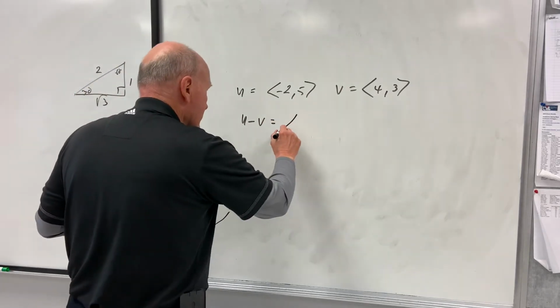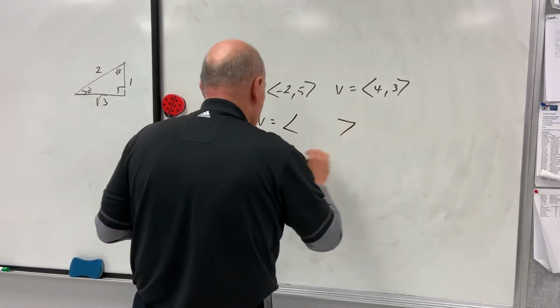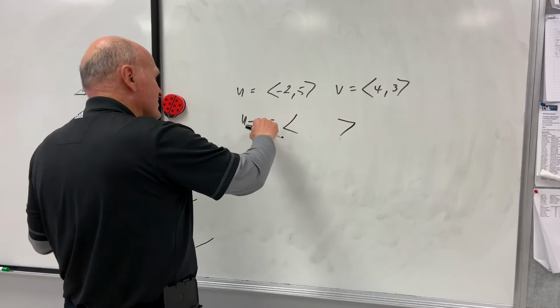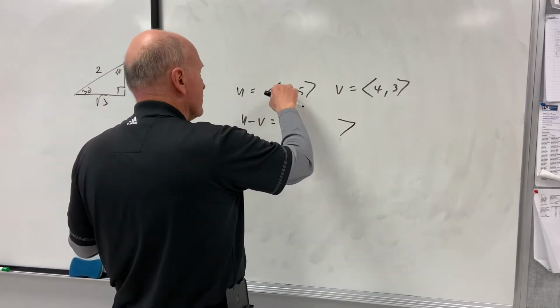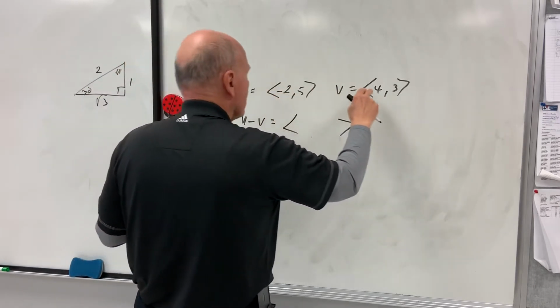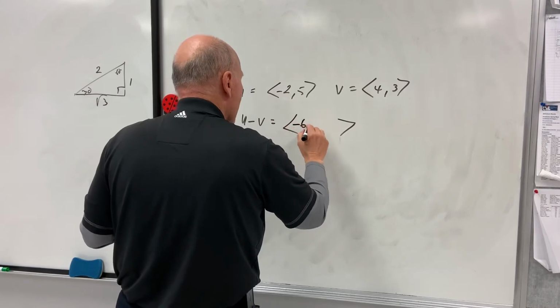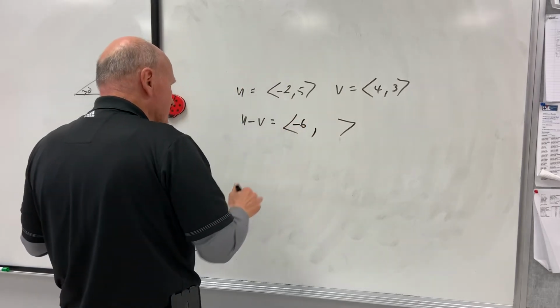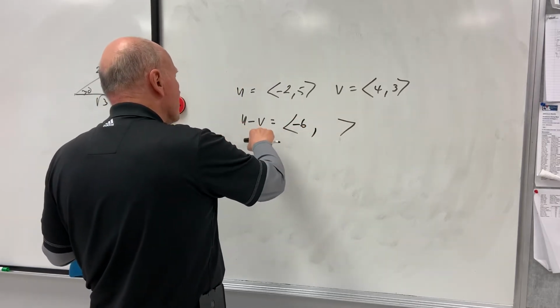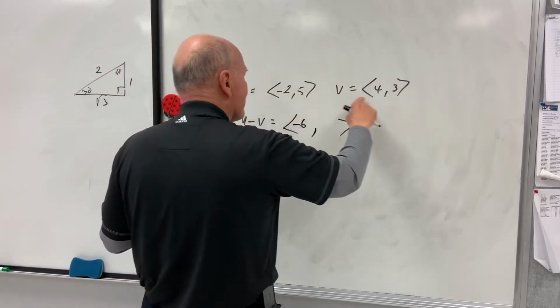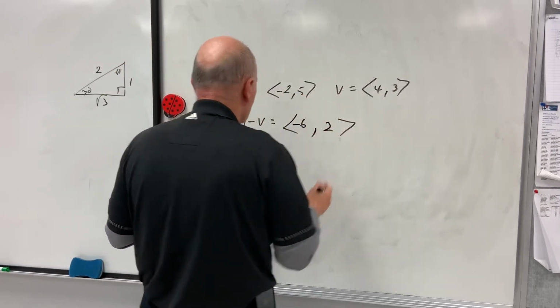I'm going to take the difference in the x values, so that would be -2 minus 4, which would be -6. And in the y values, that would be 5 minus 3, which would be 2.